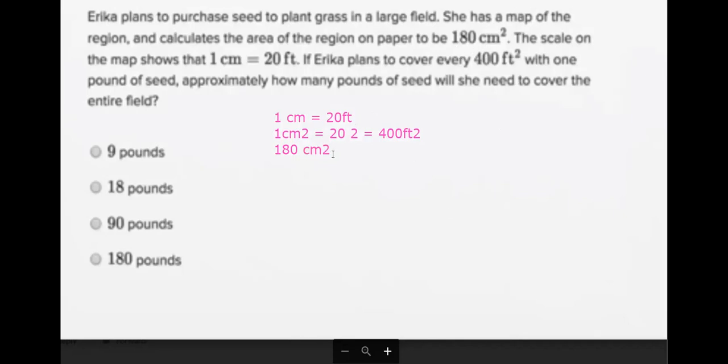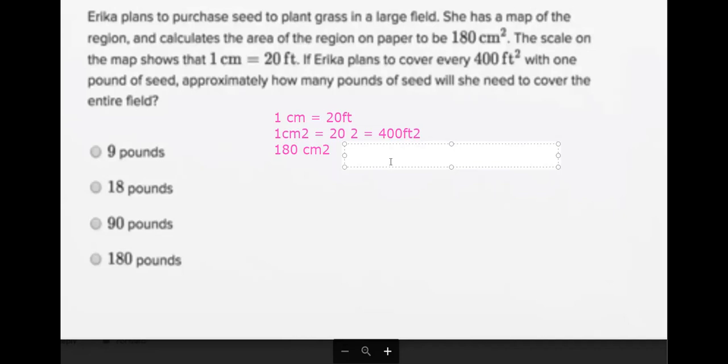So over here I have found out that 1 centimeter square is equal to 400 feet square, right? No, it says 1 centimeter is 20 feet. What about 1 centimeter square? We have calculated this 400 feet square, right? Yes.